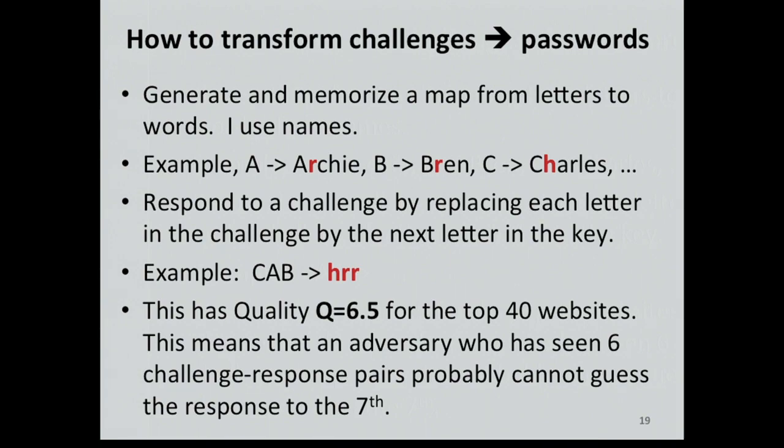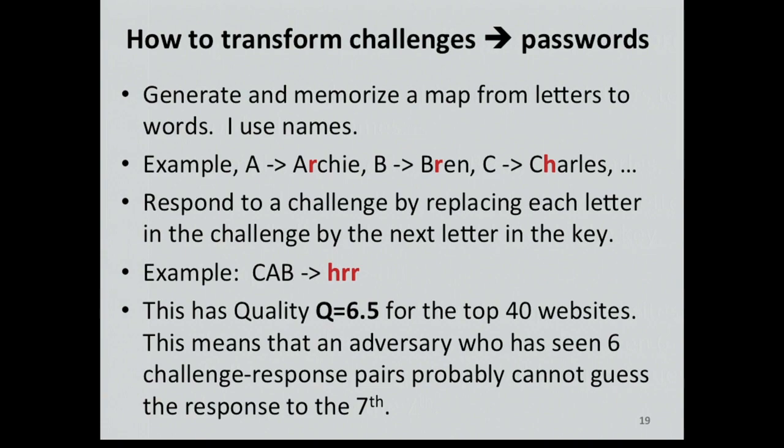The right way to do this is simply to pick 10 names that begin with A. I like names. I got Archie. 10 names that begin with B. There are lots of names that begin with all letters except X and Q. Bren. Pick a word that begins with C. Charles. Respond to a challenge by replacing each letter in the challenge by the letter after it in the word.